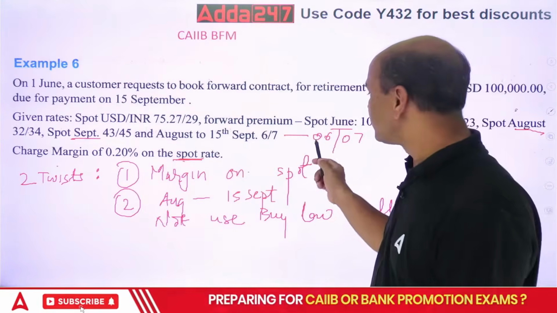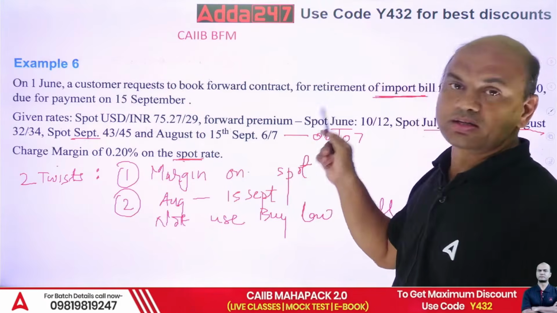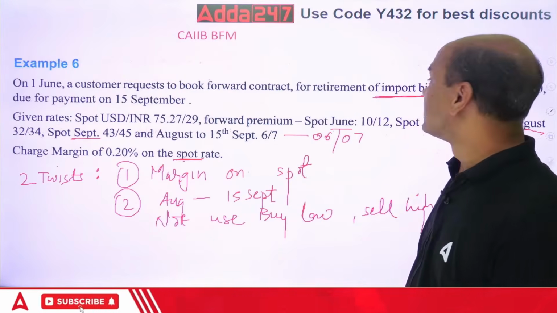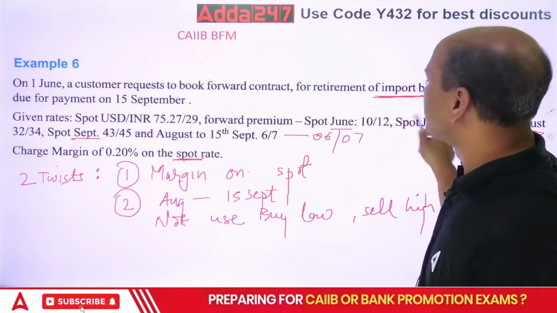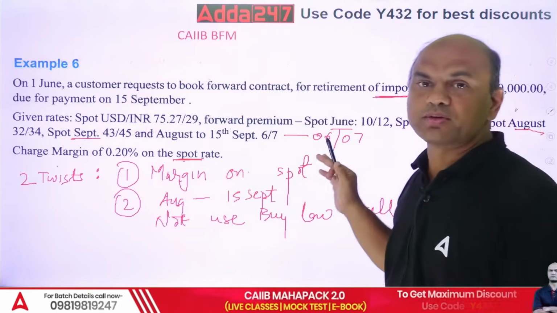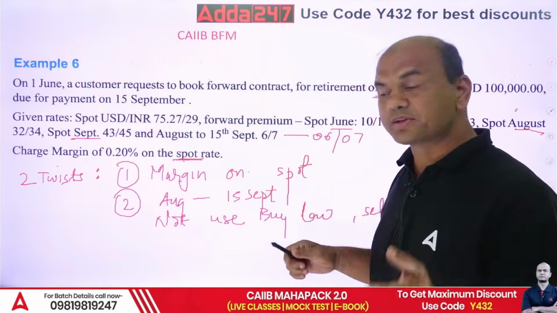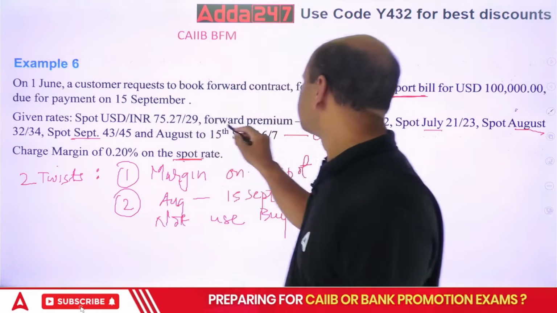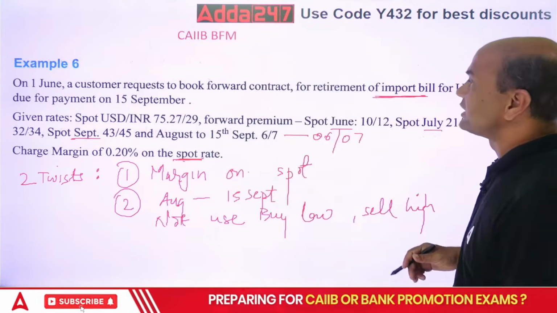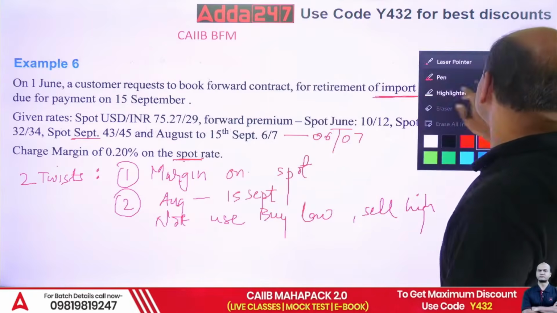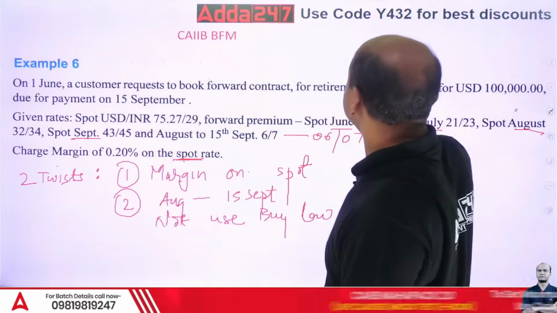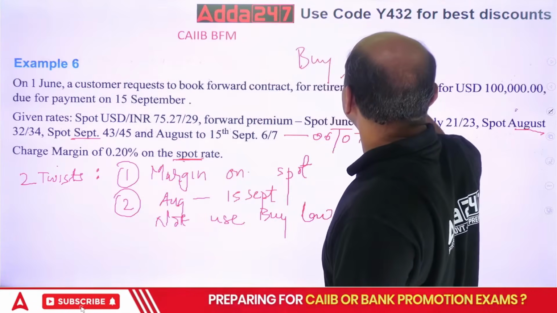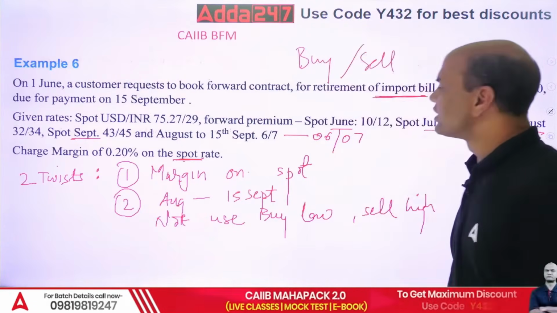And always remember 6-7 means what? There are two digits, 06 and 07. Now kindly note, we are focusing on import bill, so we'll be focusing everywhere on the right side, not the left side. This side is always buy, this side is always sell.